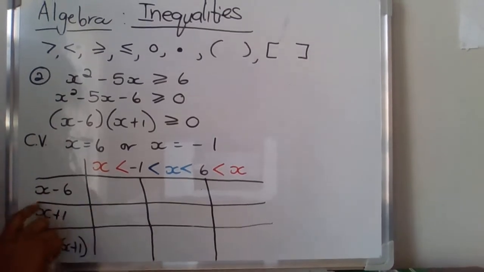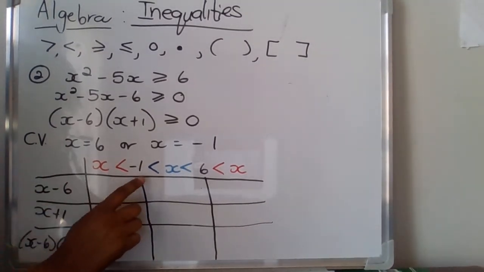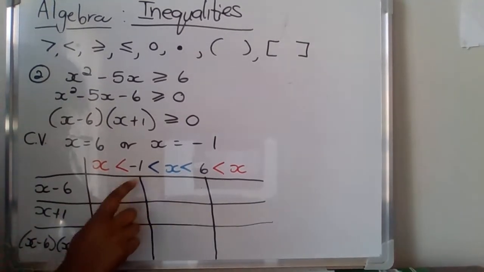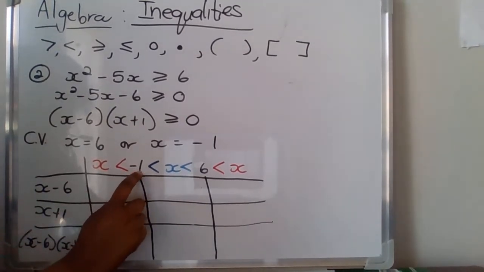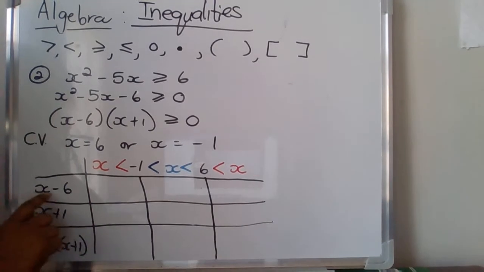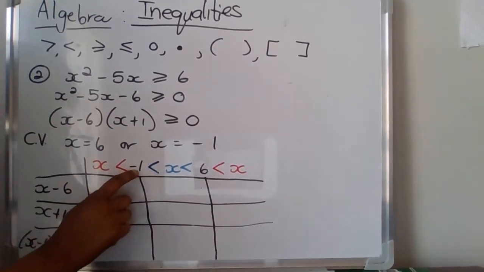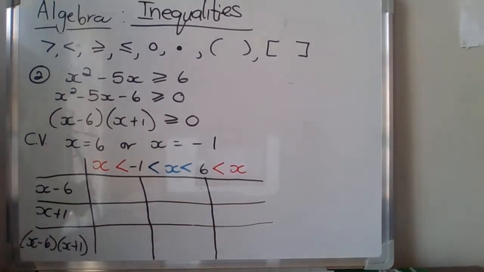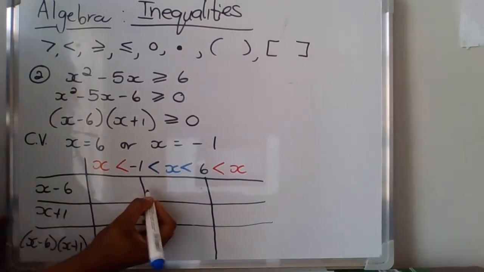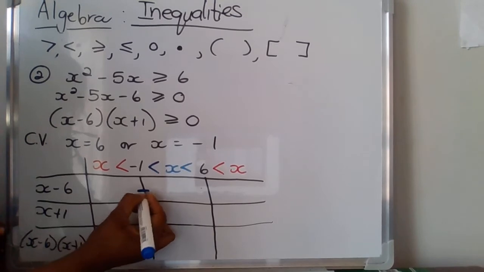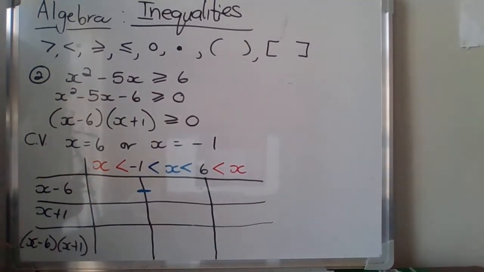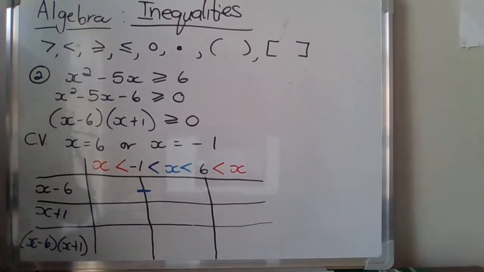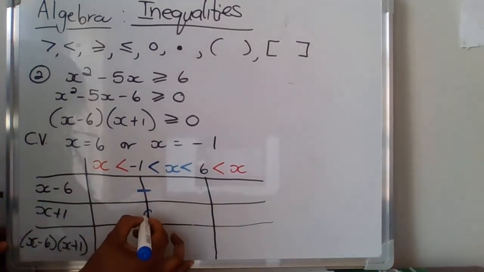Okay, so now let's do it the same way as in the first example. We always start off with our critical values, and we write them on the line. So when x is equal to -1, I get -1 minus 6, which is -7, so this value is going to be negative. When x is equal to -1, -1 plus 1 is 0.